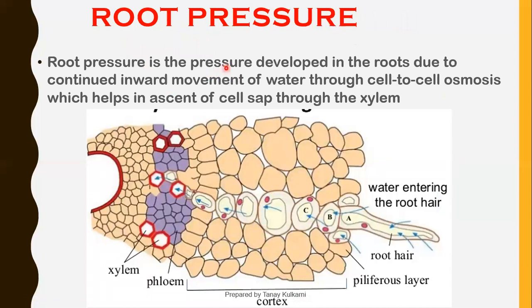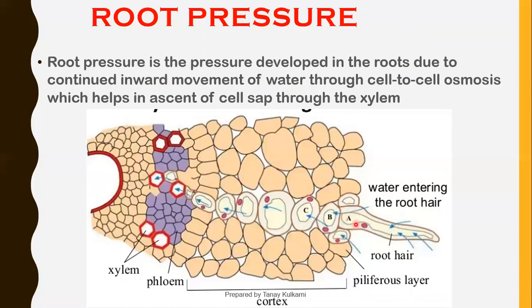Root pressure is defined as the pressure developed in the roots due to the continued inward movement of water through cell to cell osmosis. As you can see here, this part is a root hair which is surrounded by the soil water. When the water starts entering the root hair and the associated root cell, the cell will get distended or turgid.